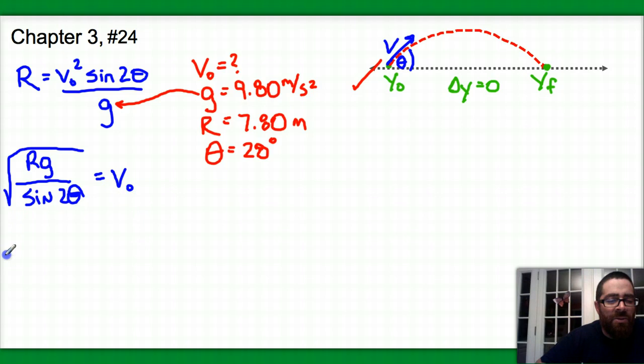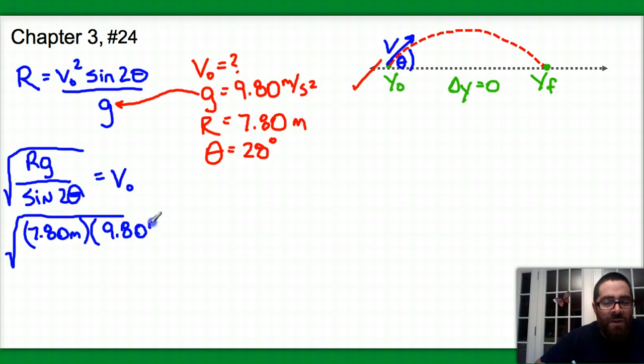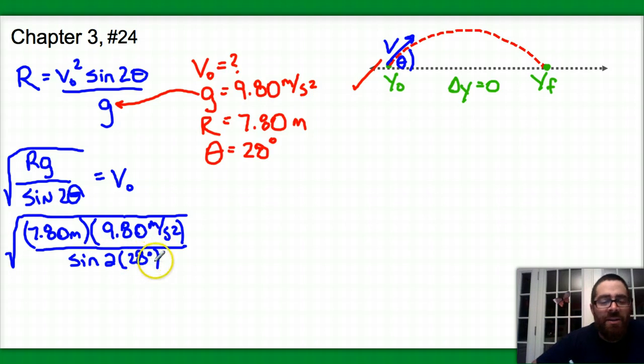Going ahead and plugging some things in for those values. My range is 7.80 meters. I'm going to be multiplying that by the acceleration due to gravity, 9.8 meters per second squared. And I'm going to be dividing the whole thing by the sine of 2 times 28 degrees. When I plug that into my calculator, I'm just going to type it in as sine 56.